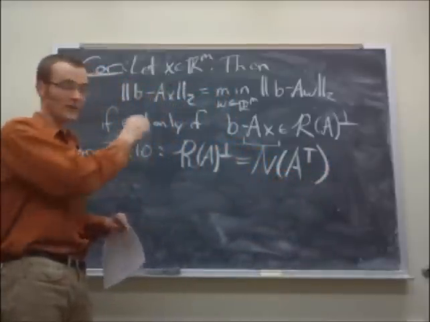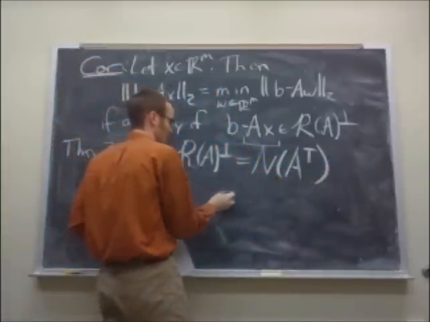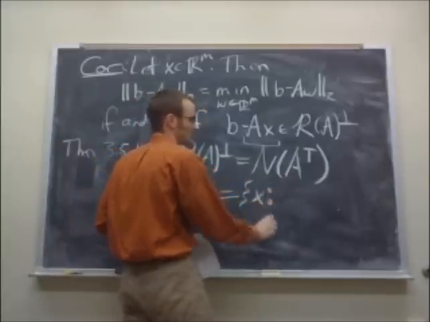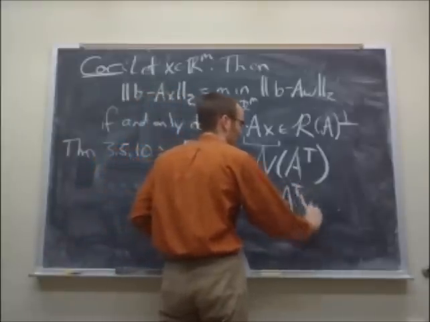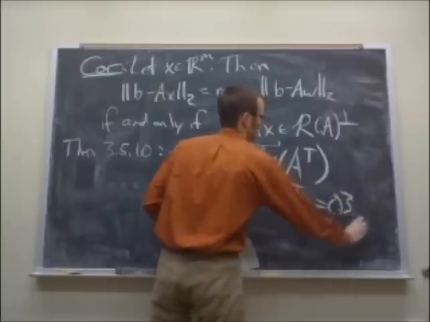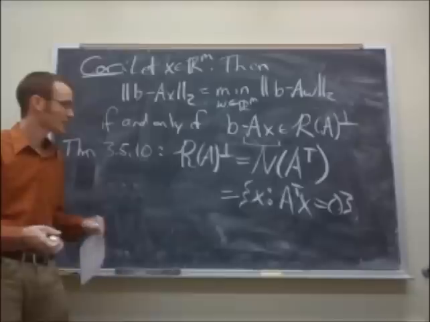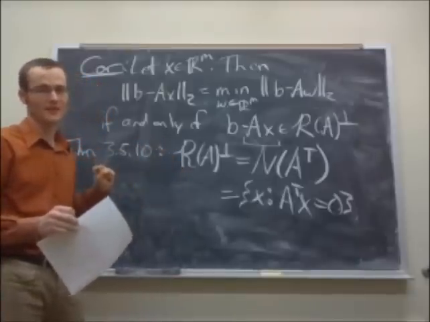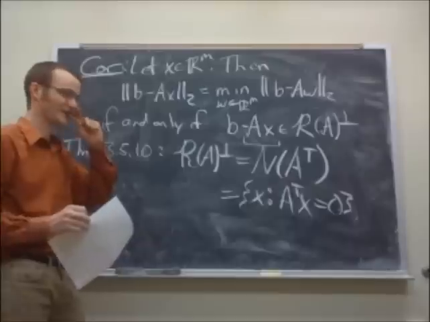Now, to remind you what the null space is, the null space is simply the vectors X such that A transpose X is equal to 0. So this is not an obvious theorem by any stretch.